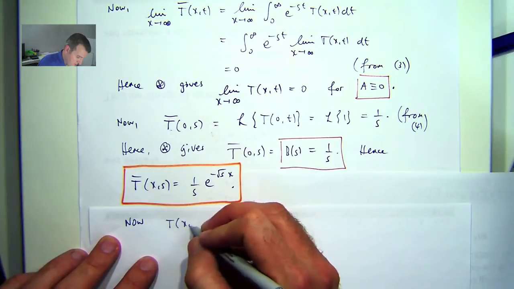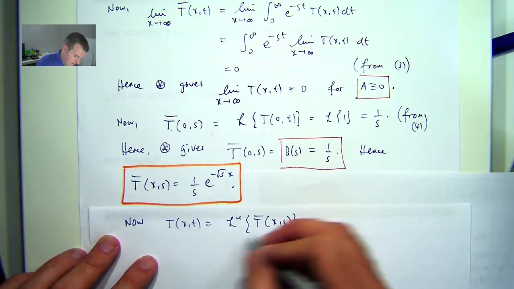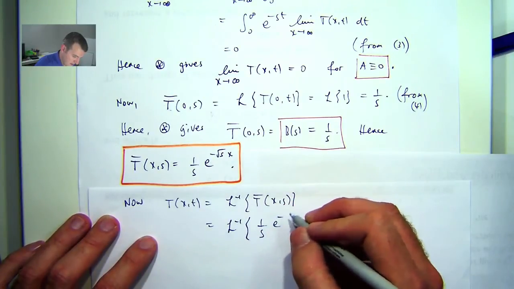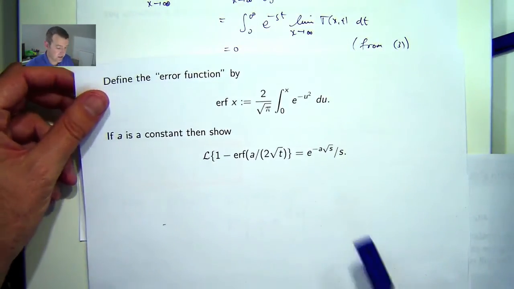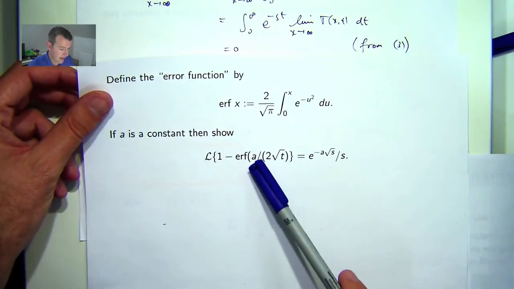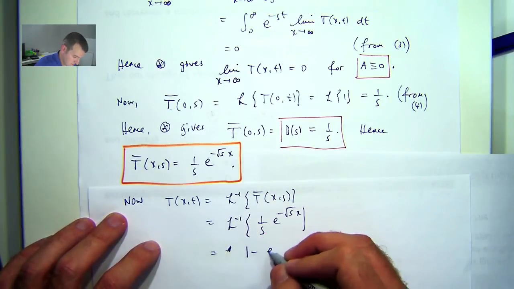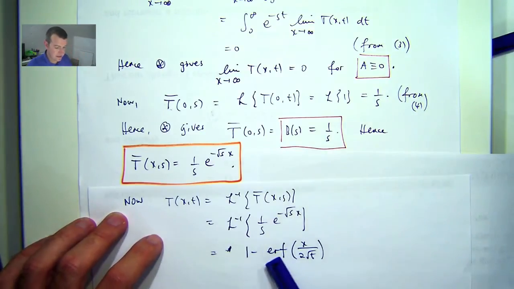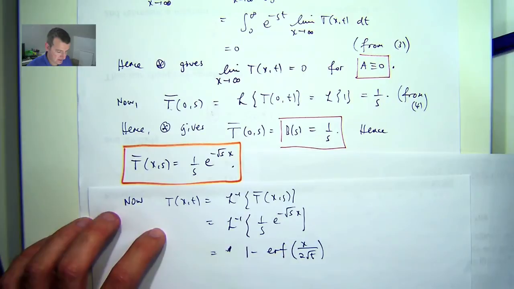Okay, so the solution to our original problem is the inverse transform of T bar, which is just the inverse transform of this, which, from this identity here, and I'll prove this in another video, this is not an easy transform to come up with, is just the following with A replaced by X. Okay, where this ERF is the so-called error function, which is a special function in applied mathematics.